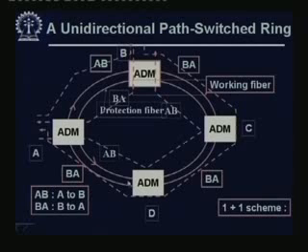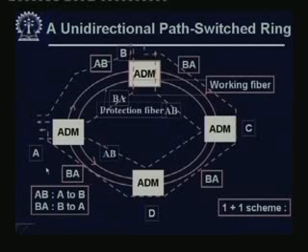So, we have this working fiber as well as a protection fiber. Working fiber is going in only one direction and protection fiber is going in the other direction, in the counterclockwise direction.